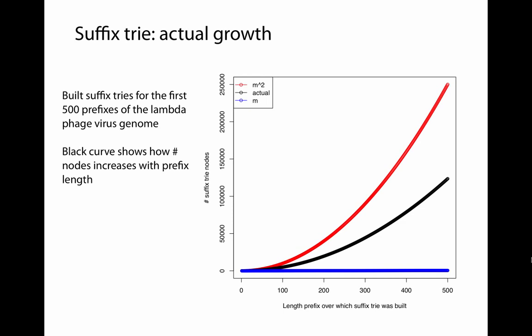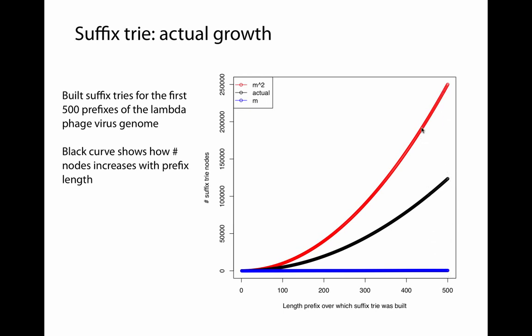So this is a genome of a virus. I just took successively longer prefixes of that virus genome, and for each I built a suffix trie, and I simply counted the number of nodes in that suffix trie and plotted it, and that's what this black line is showing. And it's in between these other two lines, this red line and this blue line.